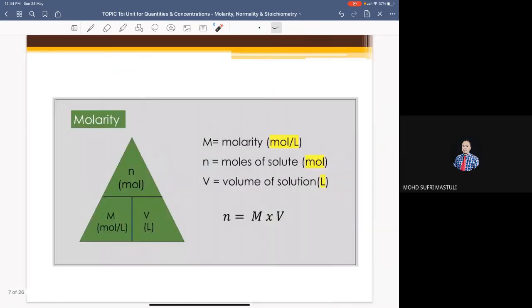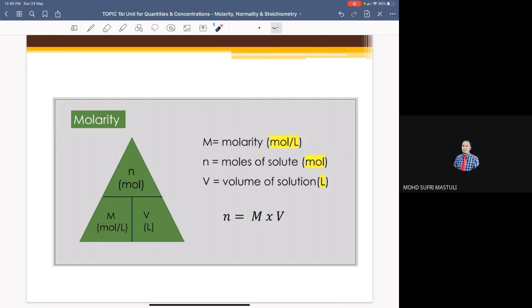Okay. This is the molarity. Mole per liter is the mole divided by liter. So the unit of molarity is mole per liter, with the mole in the unit of mole and the volume of solution in the unit of liter. As I mentioned just now, from the molarity formula you can calculate the number of moles.